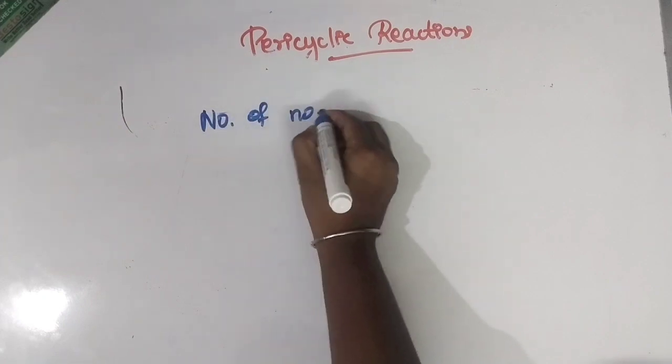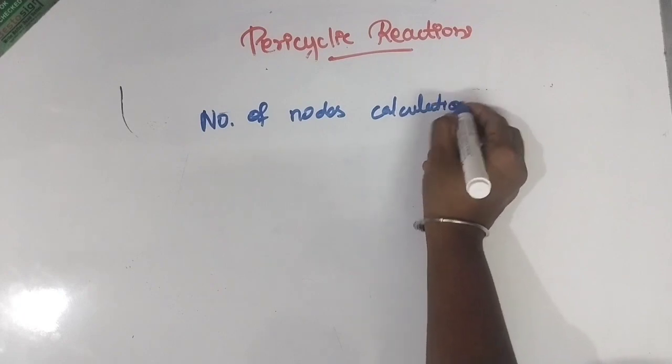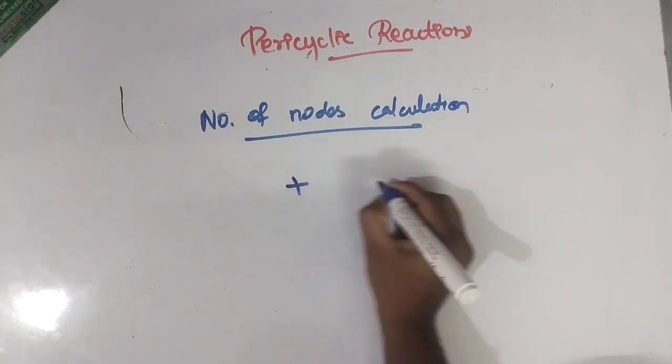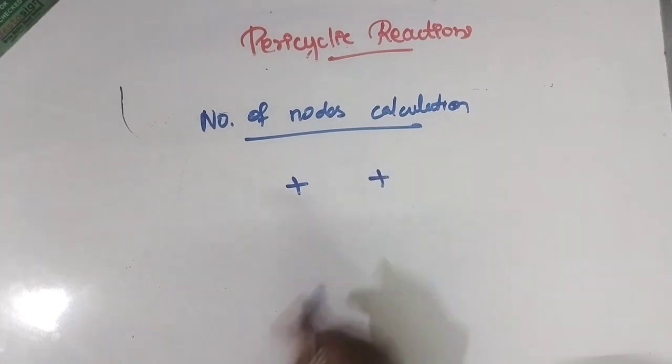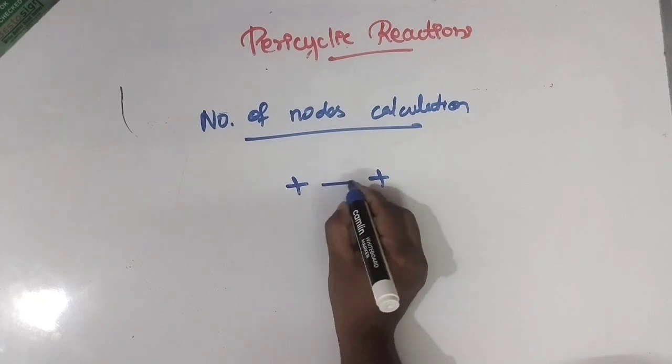Number of nodes calculation. It is very simple and has been asked in CSIR and GATE also. See, you will use the term node between two different charges. If you have plus plus, then there will be no node between these two. They can form a bond.